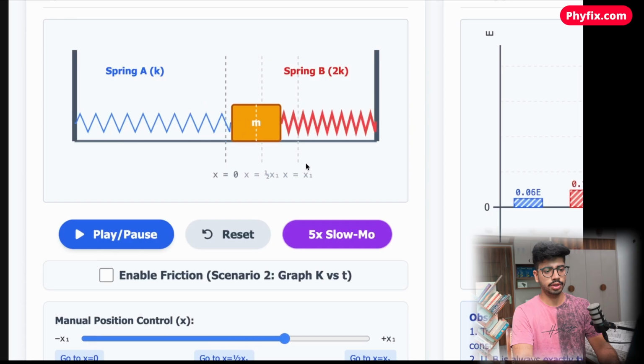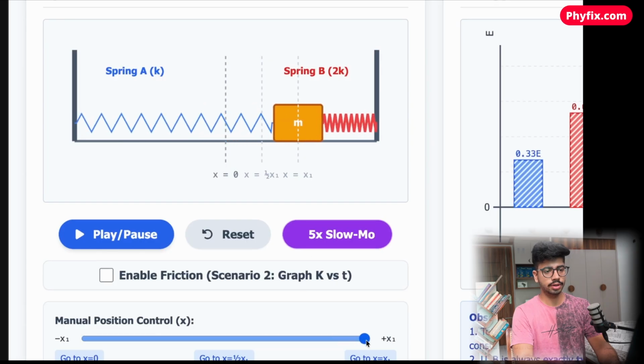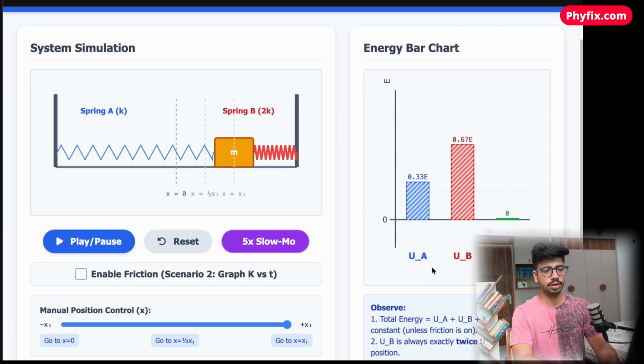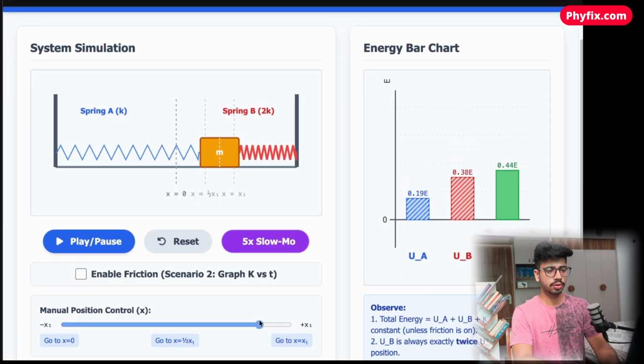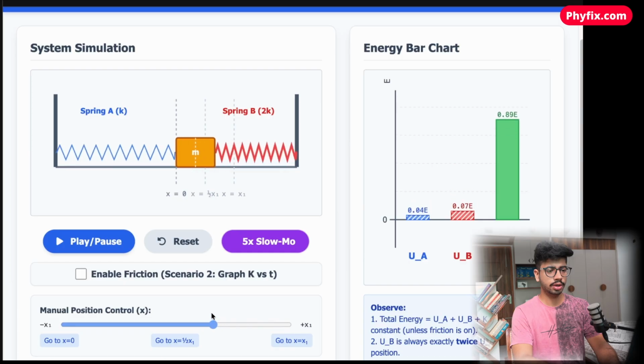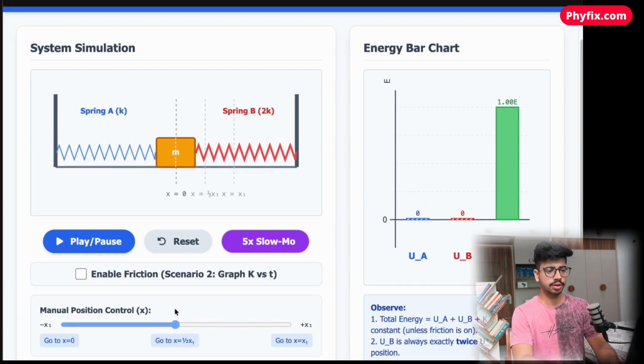Let me adjust manually. At this point we had only the spring potential energy in the system. As you come to the equilibrium position, none of the spring is stressed, so there is no potential energy. It is only the kinetic energy, all of the energy is kinetic energy.